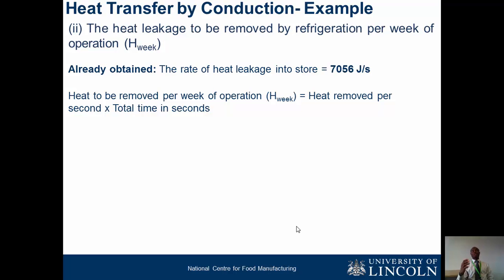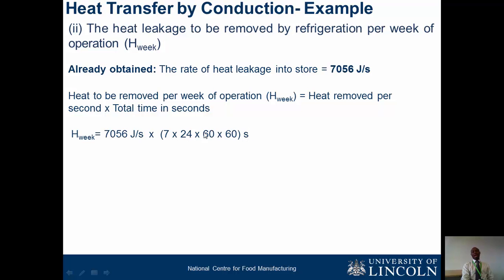So you have a week, which can be converted to seconds. How do we do that? We have 7 days in a week, 24 hours in a day, 60 minutes in 1 hour, then 60 seconds in every minute. So you convert the total time in a week to seconds.